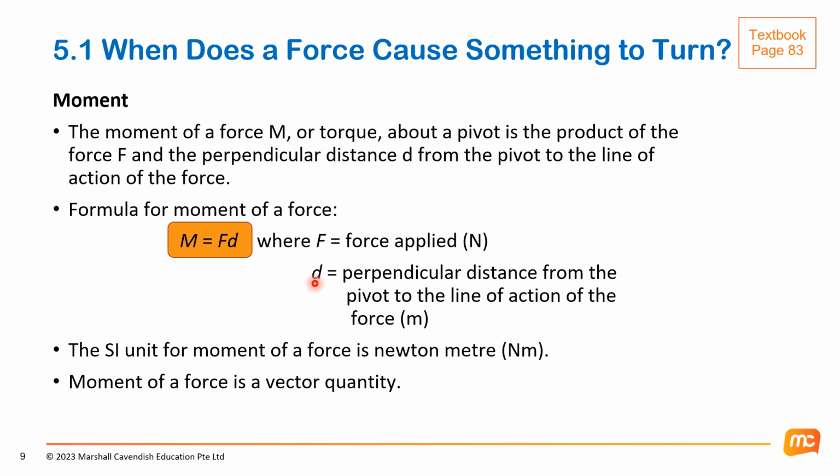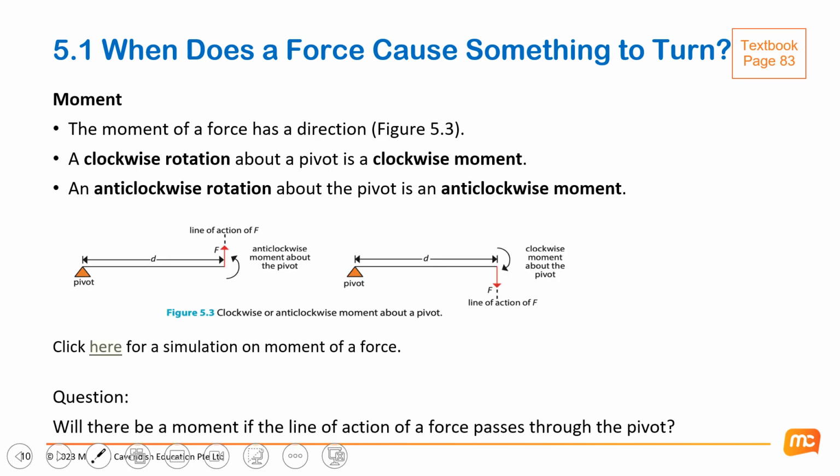Now, the moment is actually a vector quantity. We will see that moments have two different directions, clockwise and anti-clockwise, and therefore they are vectors, not just scalars. Now, for moments of a force, like I said, because they are vectors, they can have either a clockwise effect or an anti-clockwise effect.